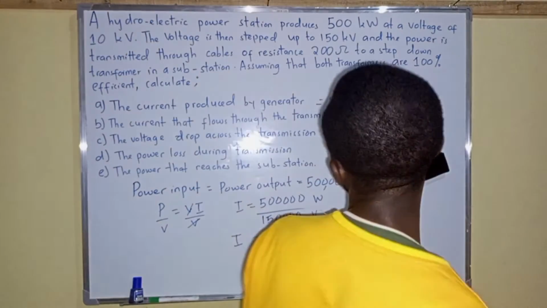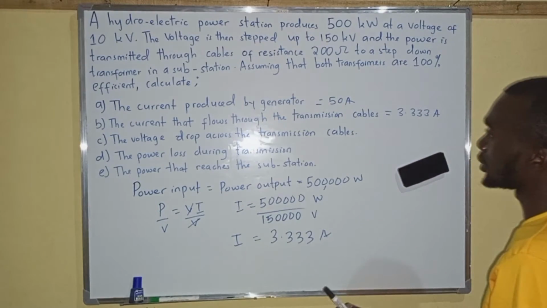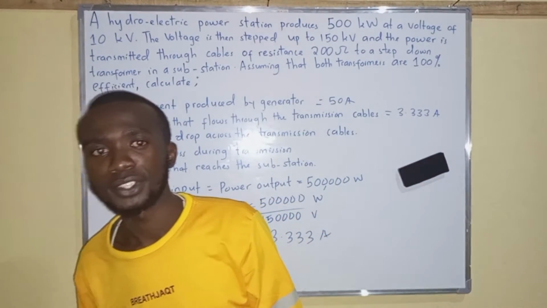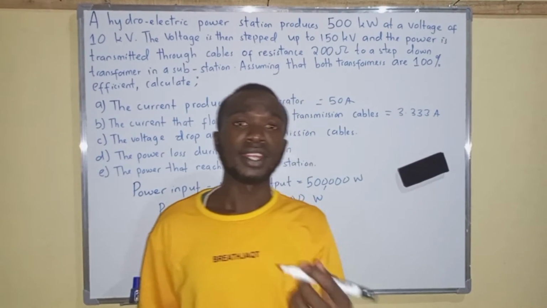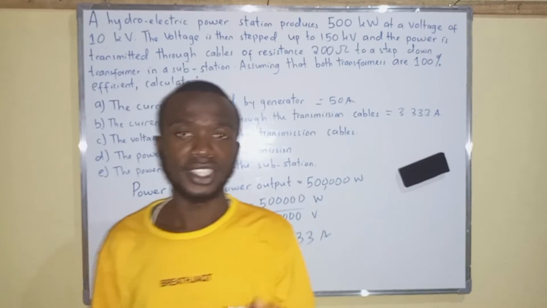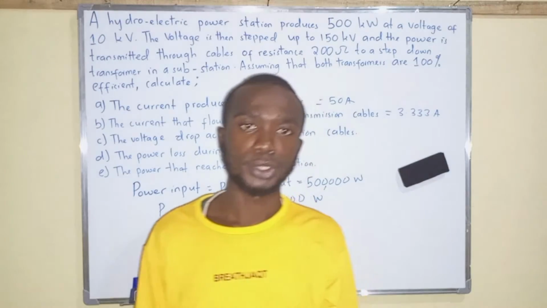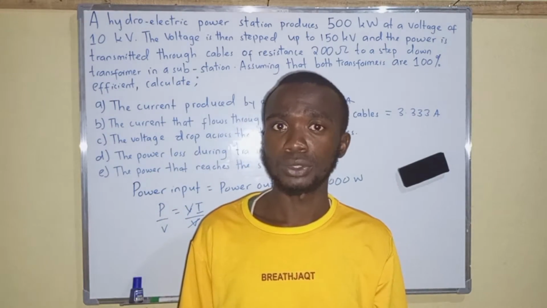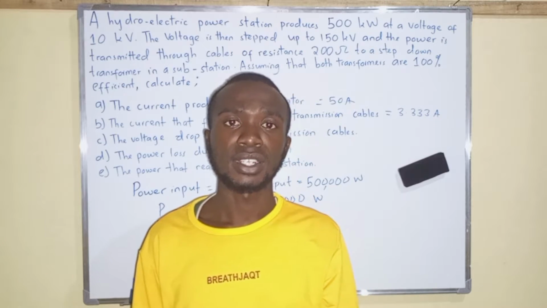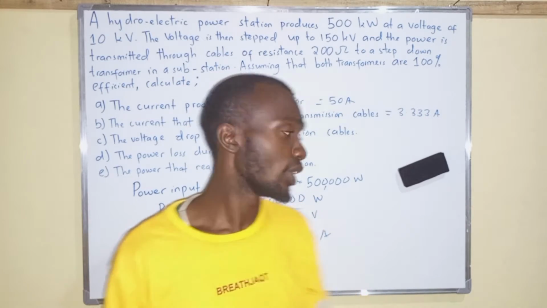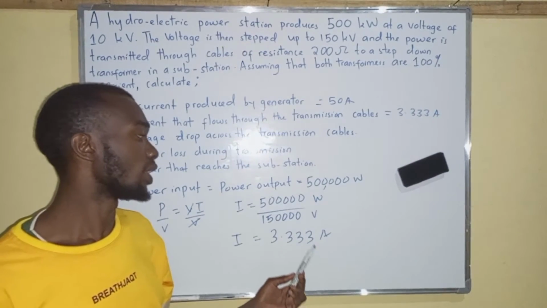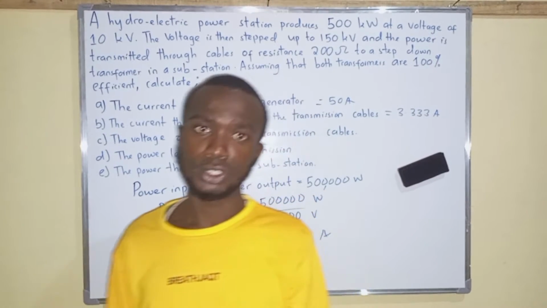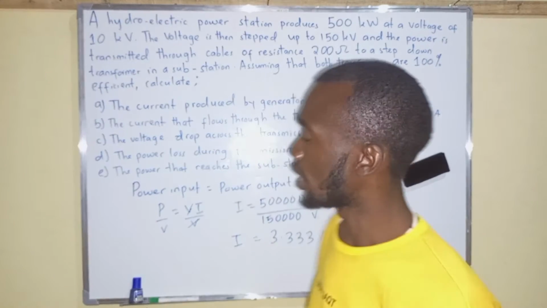And then we go to part C, the voltage drop across the transmission cable. How do we calculate it? The current in the secondary coil is the current flowing through the transmission cable. Given the resistance of the transmission cable to be 200 ohms and the current to be 3.333 amperes, we can get the voltage drop using Ohm's law.